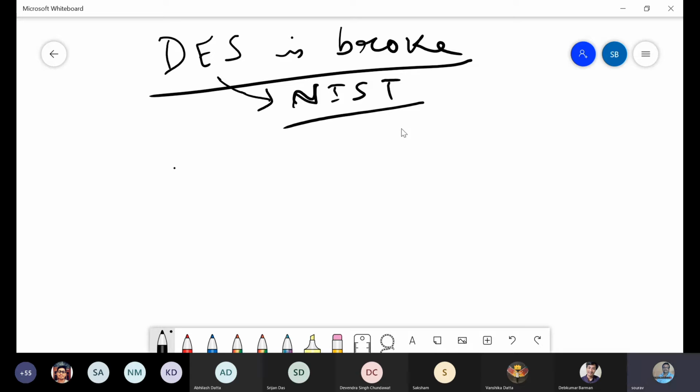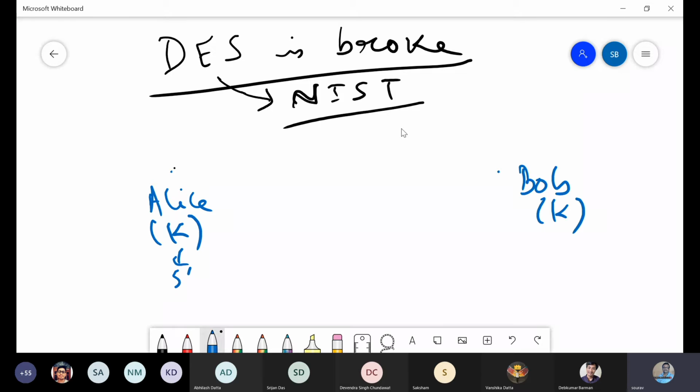So we have two parties, Alice and Bob. They have agreed on the DES they are using. The key is 56 bit. They are very fond of DES.